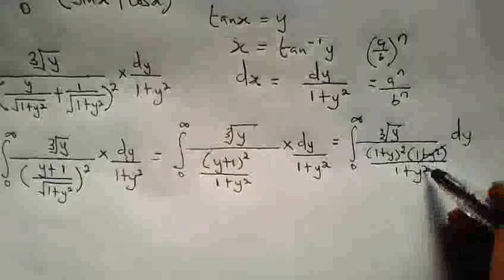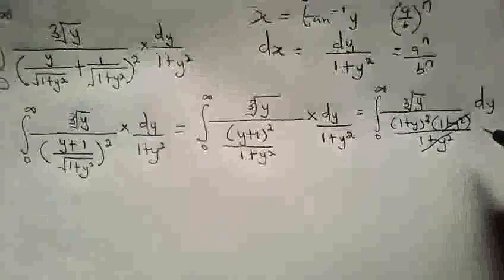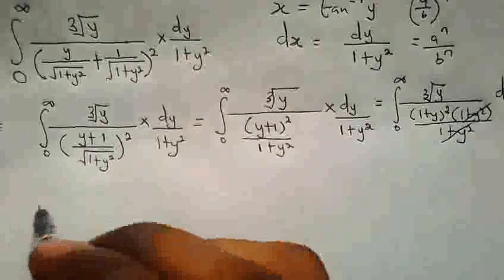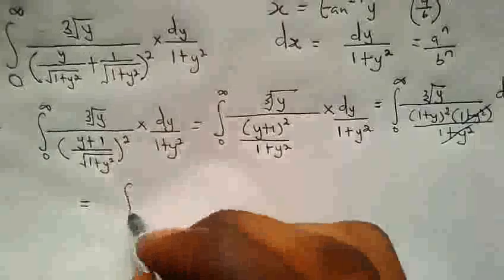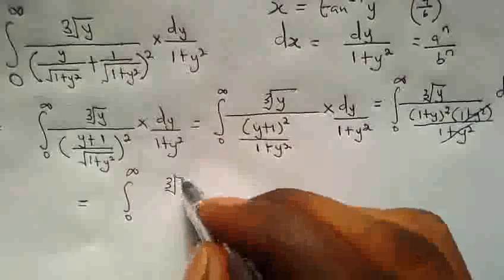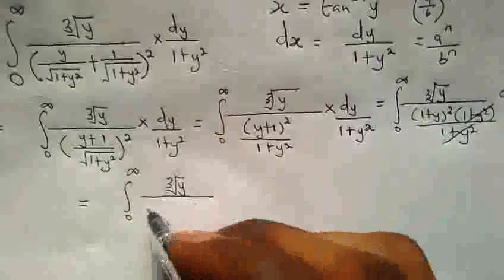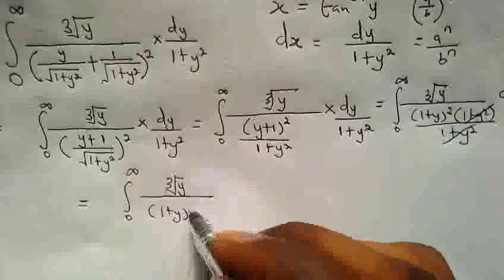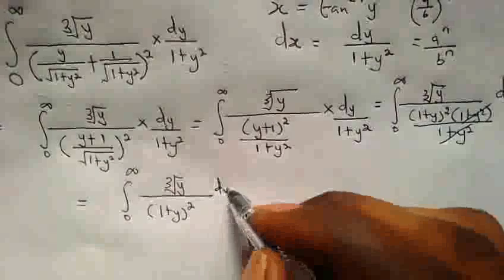So this and this get cancelled out. Now we have this equal to the integral from 0 to infinity of the cube root of y over 1 plus y squared dy.